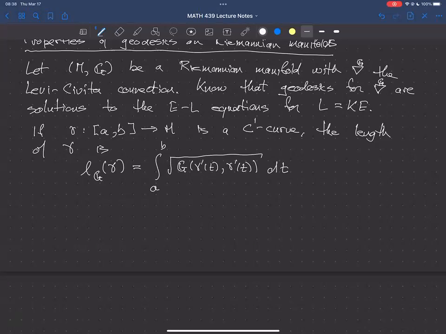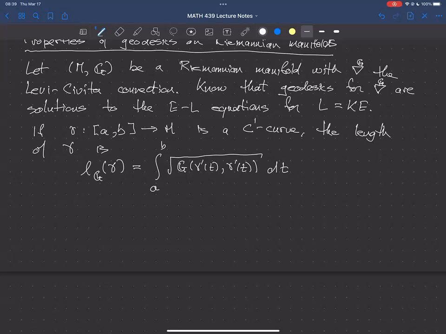Okay, so that's the length. So the length is related to the kinetic energy, it seems, but it's certainly not the same. And so what you want to do is take 2 points on your manifold, and minimize the length.